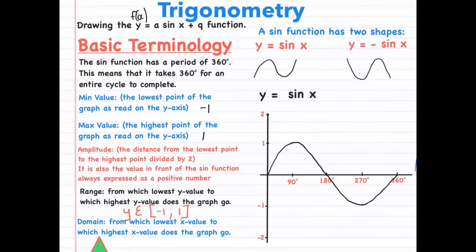Basically, we will just simply write here that x is an element of, and it starts at 0, it includes the 0, and it goes all the way to 360. So please look at how we write the domain, how we write the range, because it's not the same as the minimum, maximum, or the amplitude, or even the period. Because if I ask what is the period of the sine function, we always just write 360 degrees, okay? Because it takes 360 degrees for an entire sine graph to complete itself.